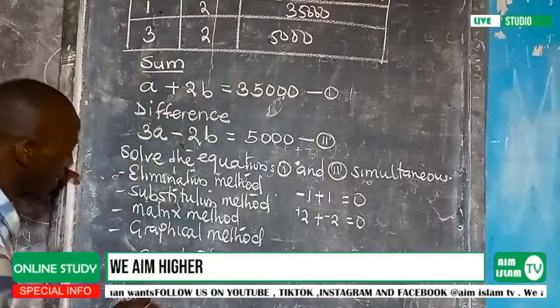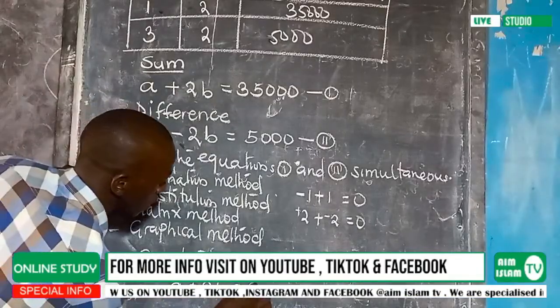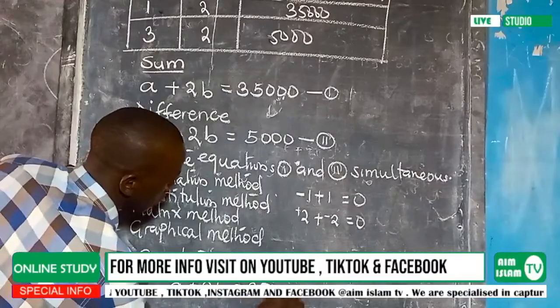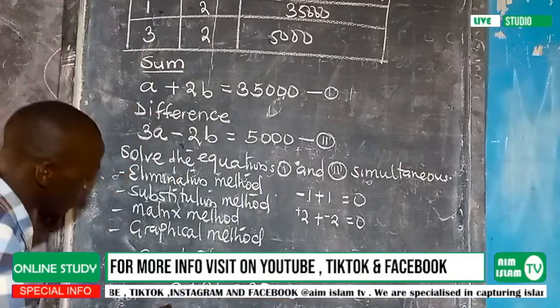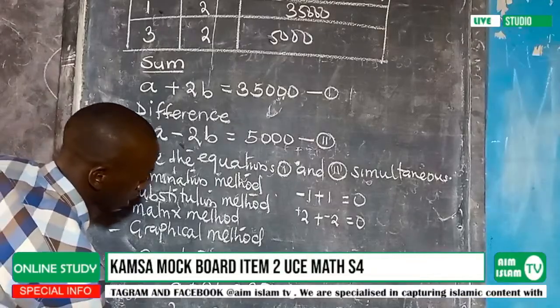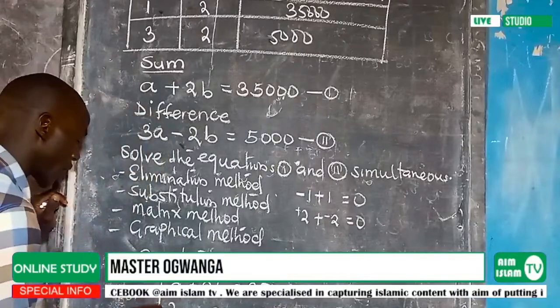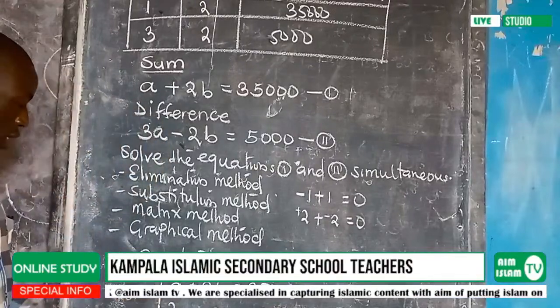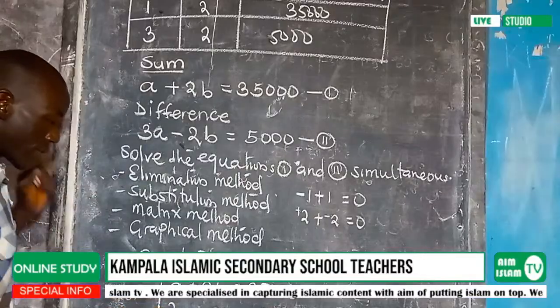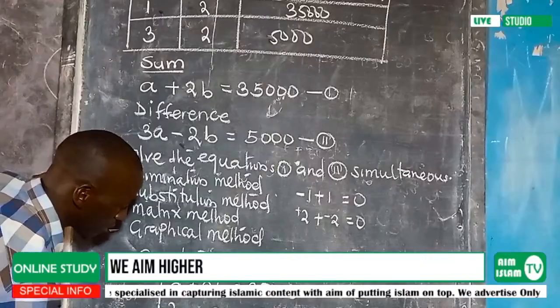So we'll have a plus 2b equals 35,000. And then in the next part, we have 3a minus 2b equals 5,000. Now we add. So a plus 3a is the same as 4a.